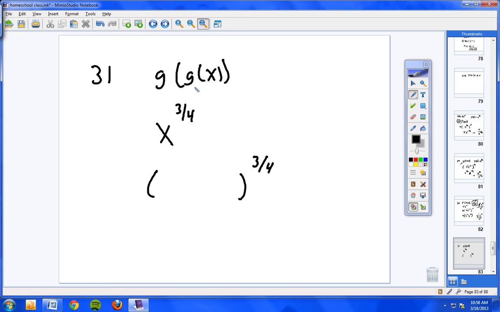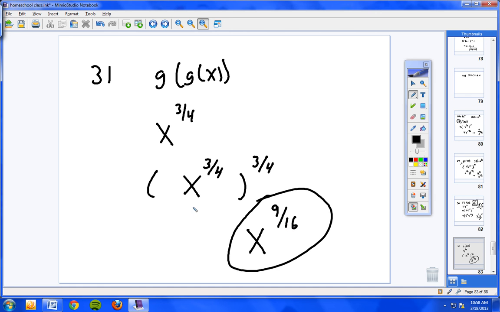Well, g's on the inside, so I'm going to pick up my g function and put it on the inside. This is a pretty nice one to end with. This is pretty easy. X to the 3/4 to the 3/4 power. You have a power raised to a power, so you multiply them together. And your final answer is x to the 9/16. 3/4 times 3/4. 3 times 3, 4 times 4. X to the 9/16.